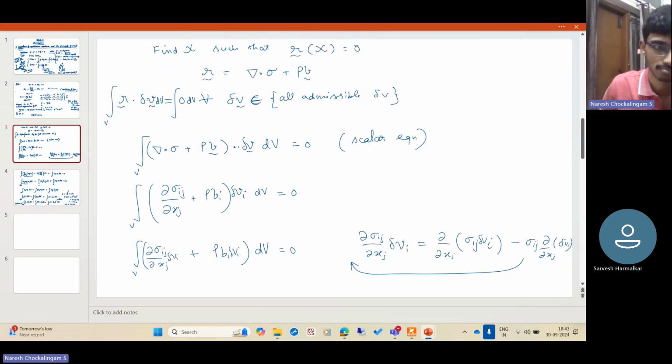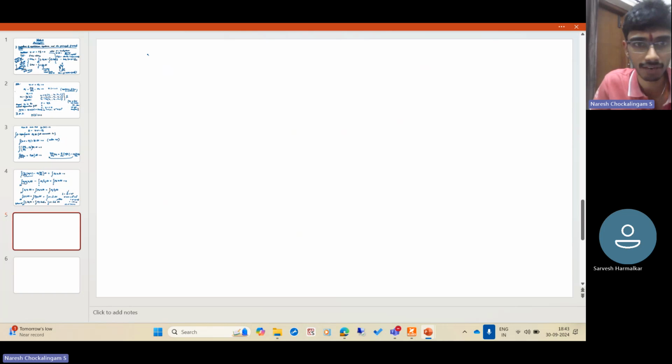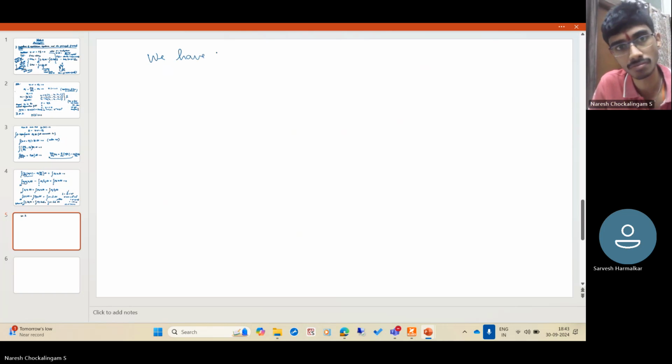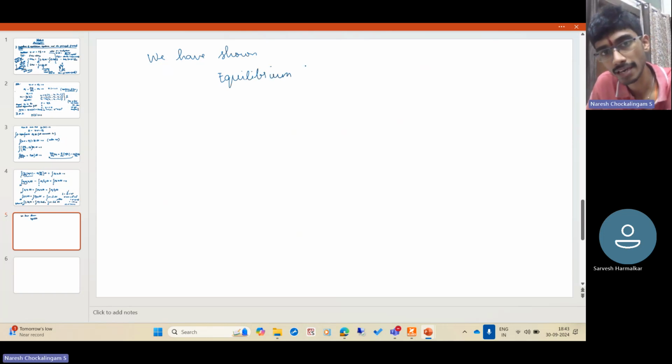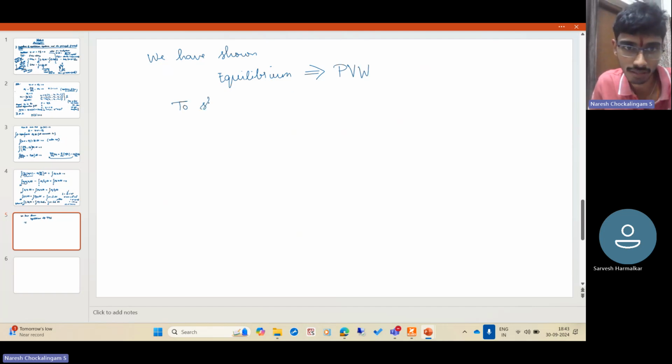So first we have shown that equilibrium implies the principle of virtual work, if we assume equilibrium. To show the converse, reverse the steps.